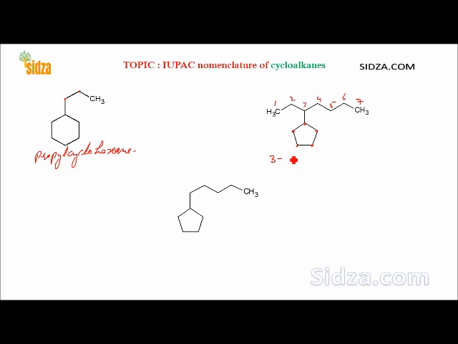This is the 3-cyclopentyl. Why is it taken as a substituent group? Because the number of carbon atoms in the ring is less than the number of carbon atoms present in the alkyl group, right? So it is 3-cyclopentyl, 7 carbon atoms, so it is heptane.